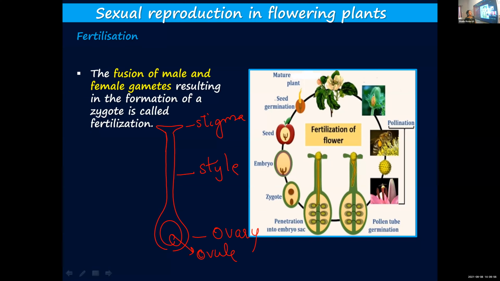What will be formed inside the ovule? Just now we said. What will be formed? Embryo. Zygote will undergo division and form embryo. I think in between your relay is getting cut off, just like your net connectivity.